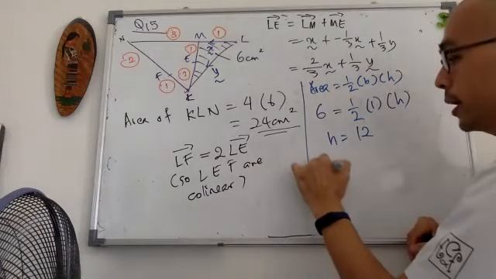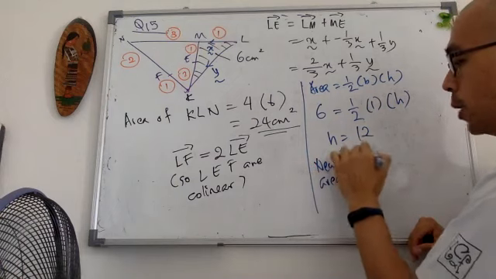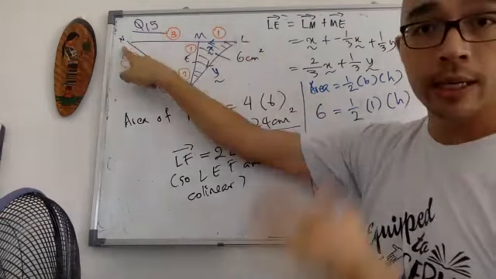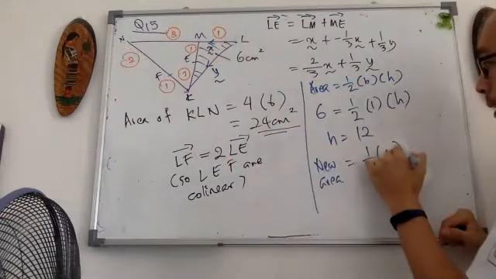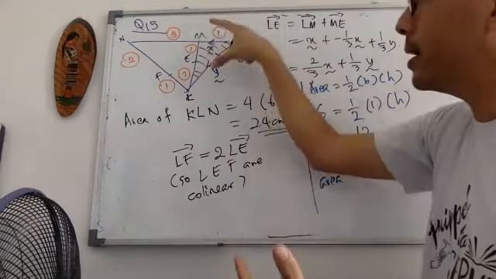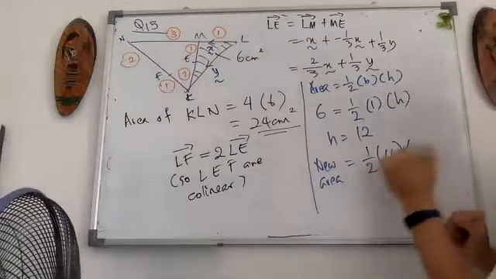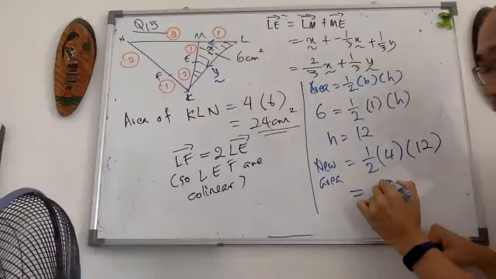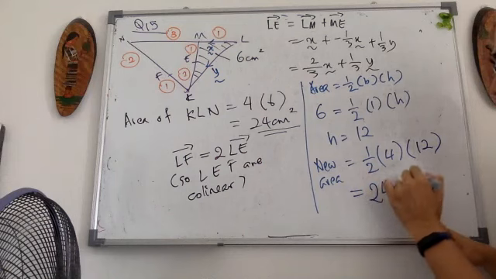The new area is 1 over 2, but now our base is 4, 1 plus 3 is 4, times the same height, because they are both the same height, same point of reference. So the height is 12. 1 over 2 times 4 times 12 will give you 24 centimeter squared.